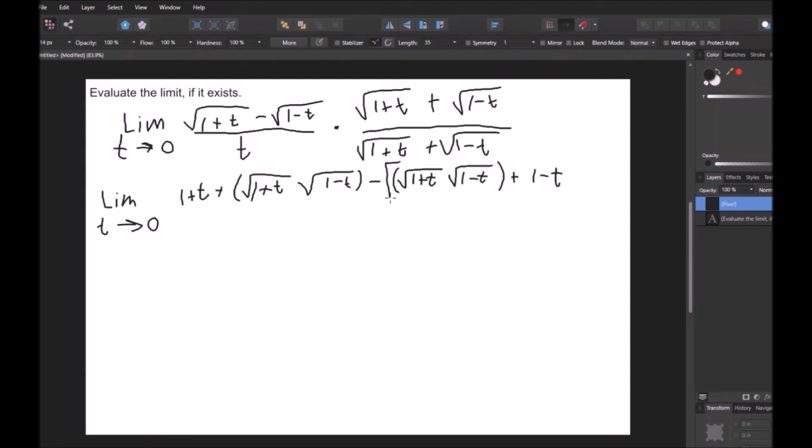And I'm going to bracket this off because the minus sign is going to distribute to this term as well as the 1 minus t. And that's all going to be over t times the square root of 1 plus t plus the square root of 1 minus t.